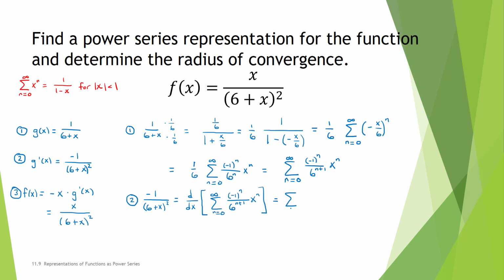When we take the derivative, we have a theorem that tells us that we can put the derivative inside this sigma notation. So I can take the derivative of each term separately and then add them together afterwards.